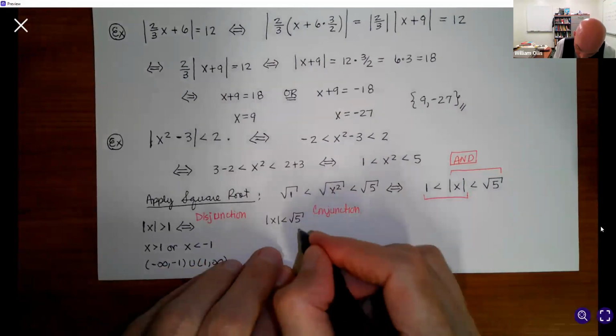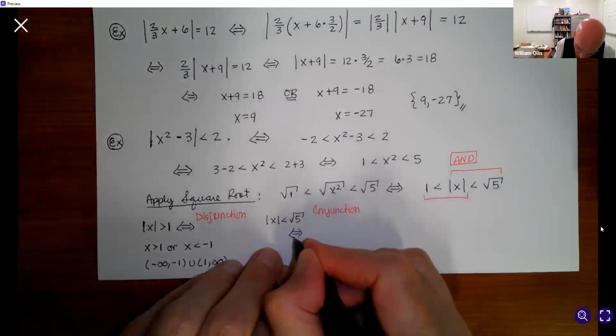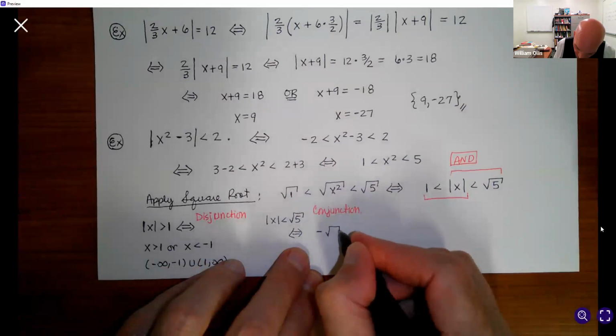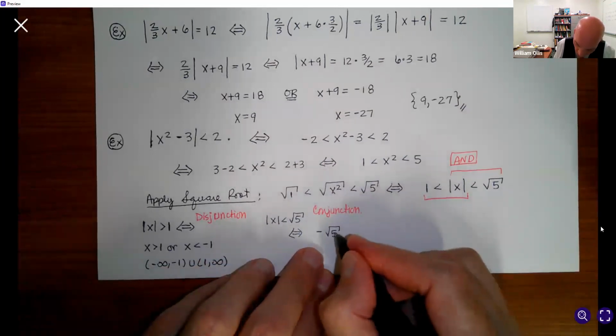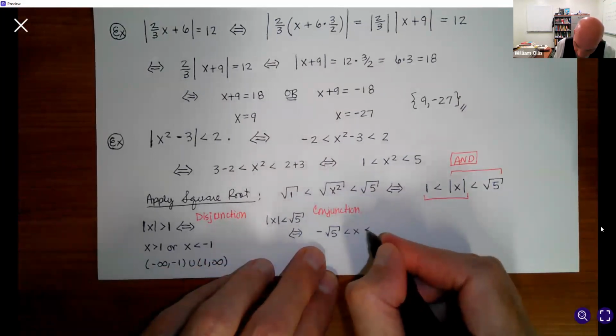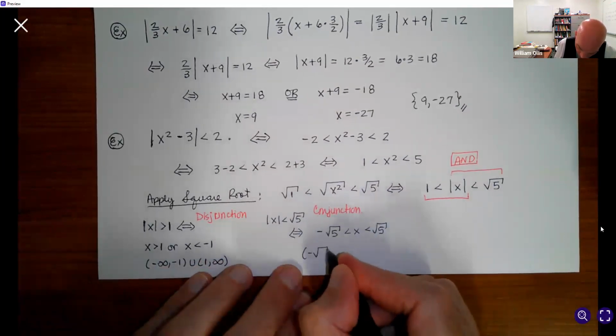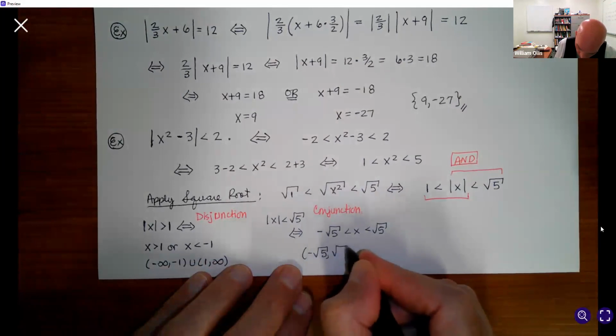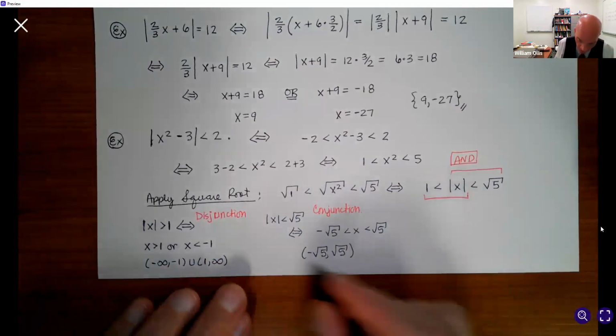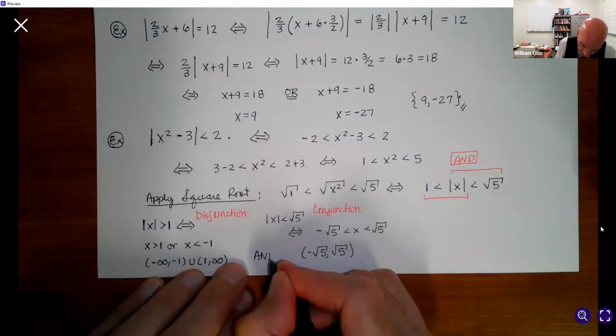So now, equivalently, using the conjunction theorem, x is between the negative square root of 5 and the square root of 5. So now we get negative root 5 to root 5. This is an and, so we look for the intersection.